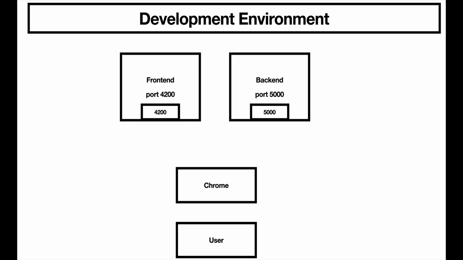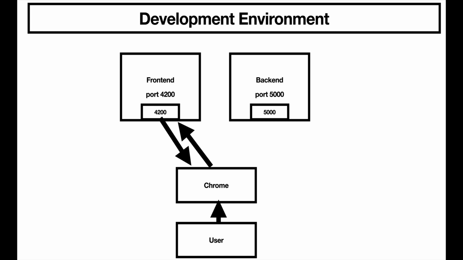First, I would like to explain the development environment. As a user, we are accessing the Chrome browser, and we are accessing port 4200, localhost 4200. Since we mapped our port 4200 to 4200 inside the container, it will forward that, and our Docker container will return all the Angular stuff.